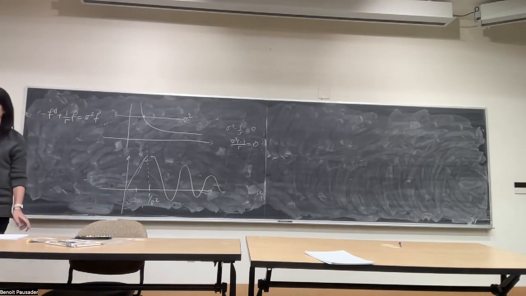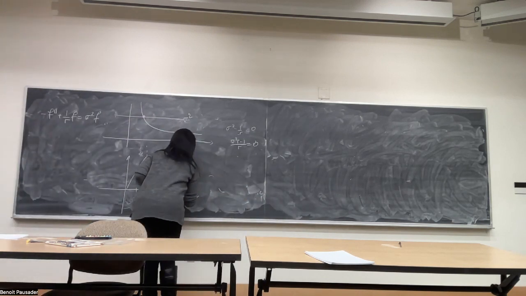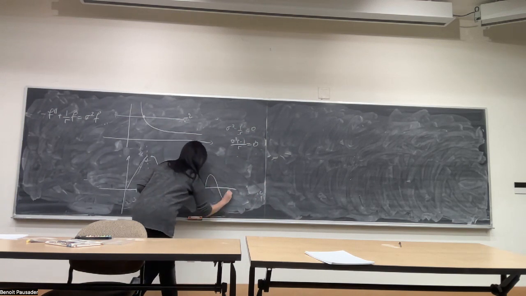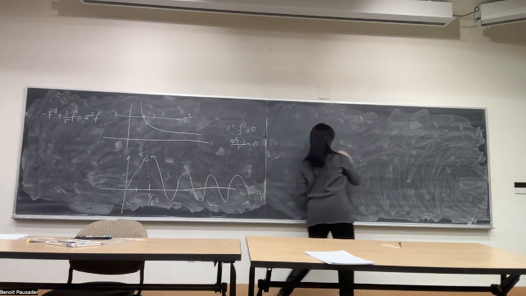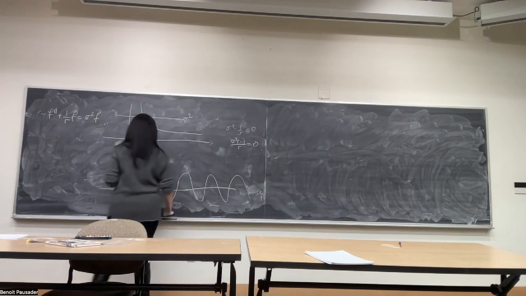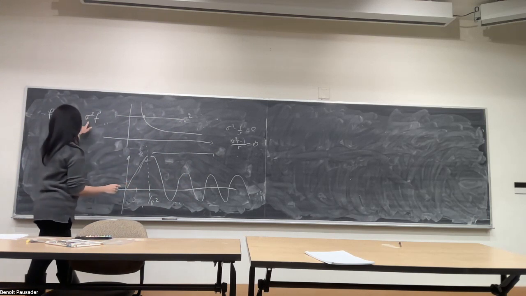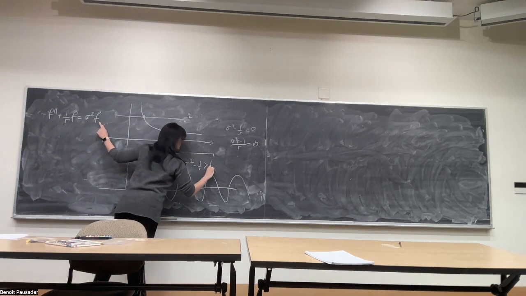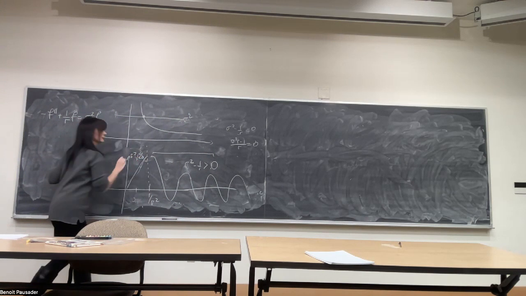If your solution were not to take your oscillation... So here we have sigma squared minus 1 over r positive, and here we have sigma squared minus 1 over r less than 0.